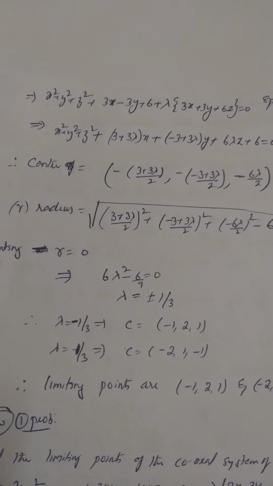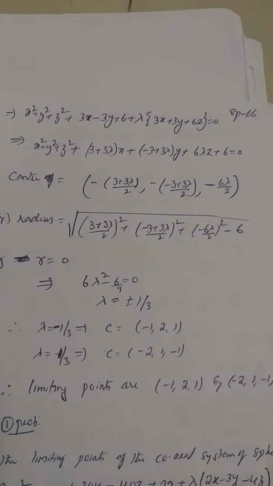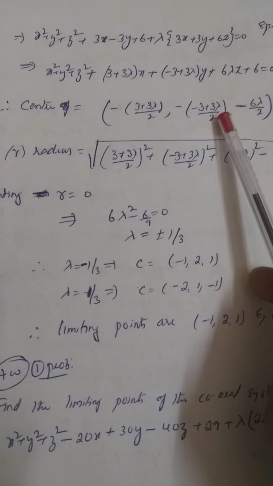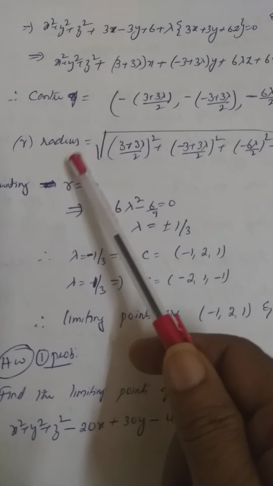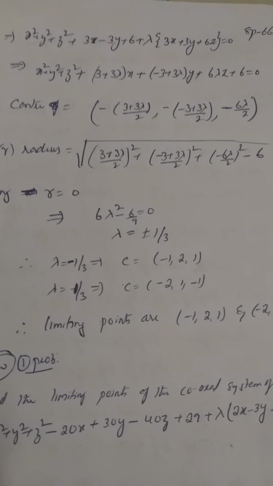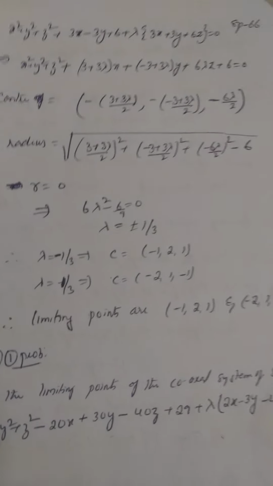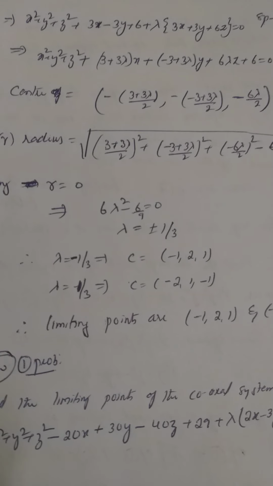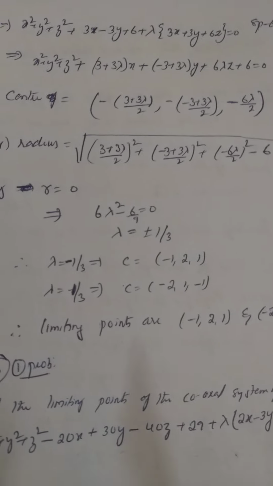Minus x coefficient by 2, minus y coefficient by 2, minus z coefficient by 2. Now we got the center. Next thing is we have to find the radius. What is the radius formula? Square root of u square plus v square plus w square minus d. Here d is positive, d value is 6. That means limiting points exist.